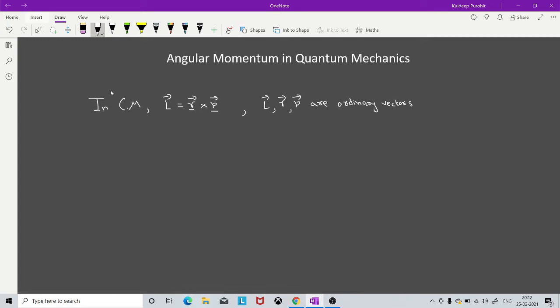In quantum mechanics, things change. The definition of angular momentum remains the same, which is L equal to R cross P. But here L, R, and P are operators.